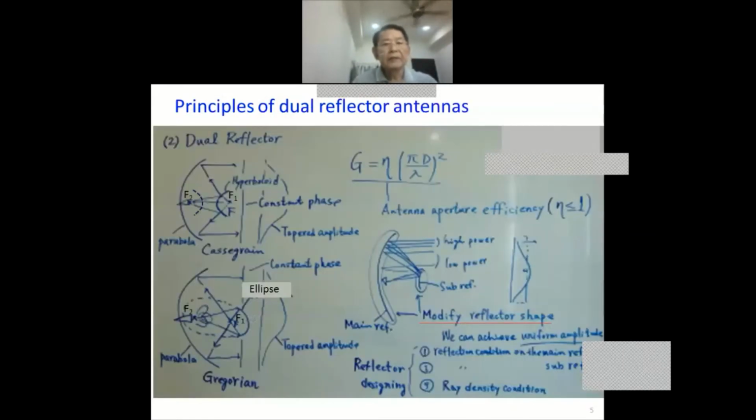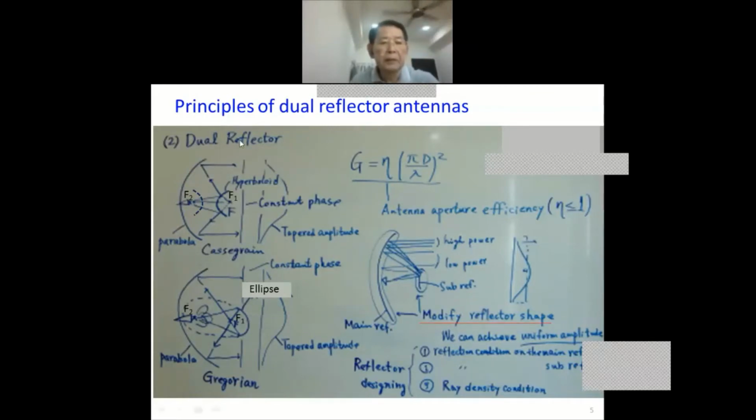So next is the principle of the dual reflector antenna. The single reflector, the parabola reflector, has only one reflector and one beam focus.